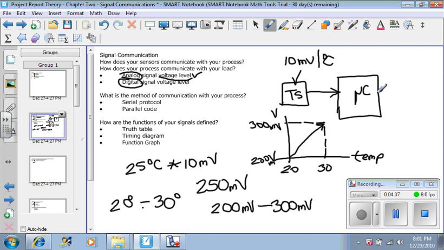Now, the microcontroller is a digital machine, so we know immediately that there's an incompatibility between the temperature sensor and the microcontroller, because the microcontroller operates according to a range of voltages that it considers as being a 0 and a range of voltages that it considers as a 1. That's all the microcontroller understands.